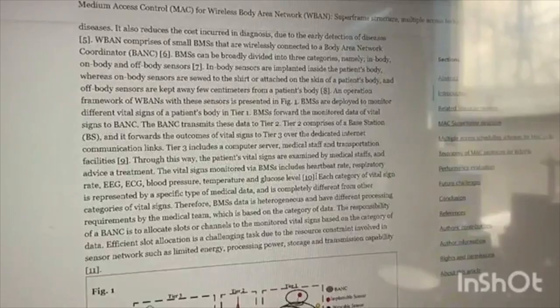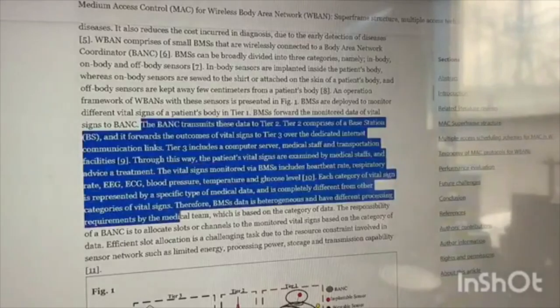Biomedical sensors forward the monitored data of vital signs to the body area network coordinator. The coordinator transmits these data to Tier 2. Tier 2 comprises a base station, and it forwards the outcome of vital signals to Tier 3 over dedicated internet communication links. Tier 3 includes a computer server, medical staff, and transportation facilities. In this way, the patient's vital signs are examined by medical staff who advise a treatment.